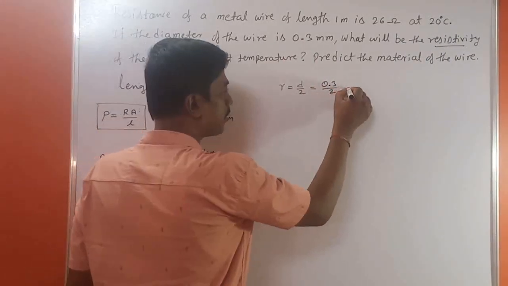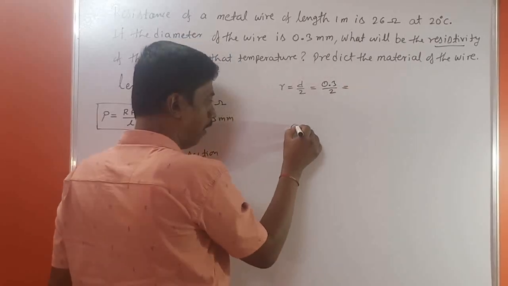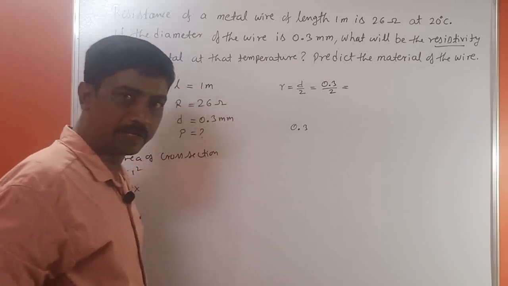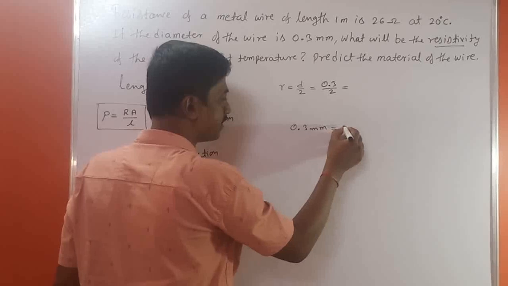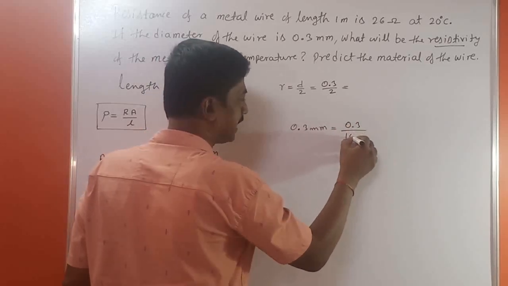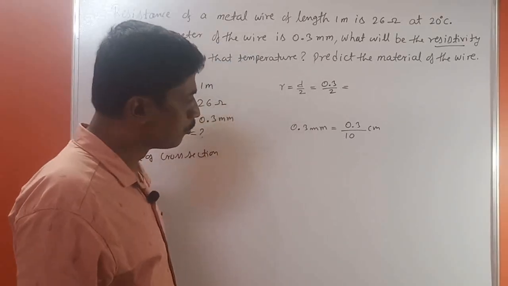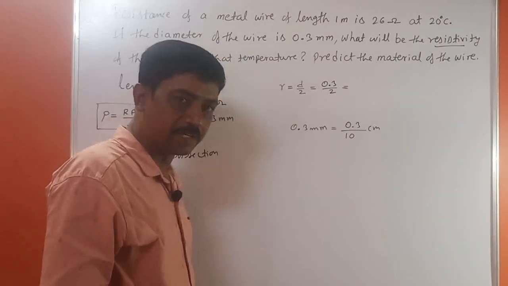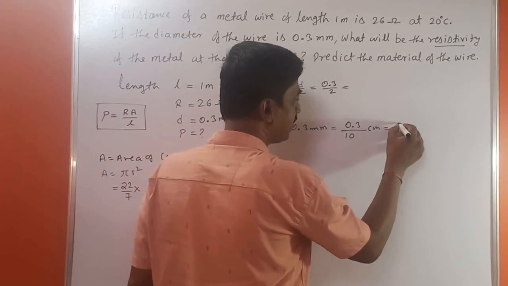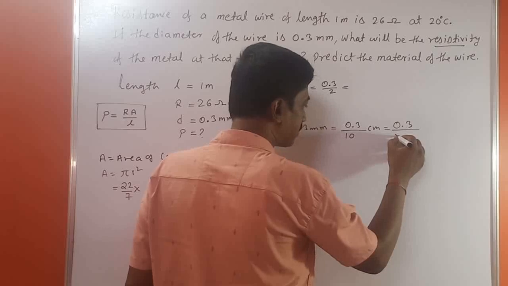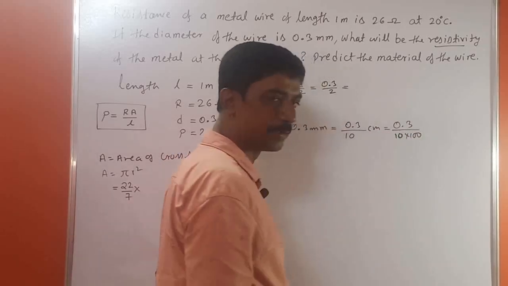If I wish to convert this 0.3 millimeters into meters, check it out here. If I wish to convert this into centimeters, that is 0.3 by 10, that becomes centimeters. And you know, 100 centimeters makes it 1 meter. So if I wish to convert this centimeters into meters, I'm supposed to again divide that by 100.